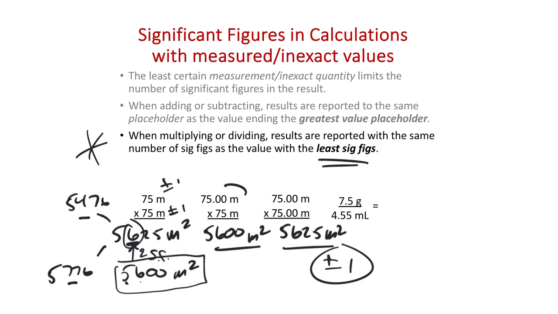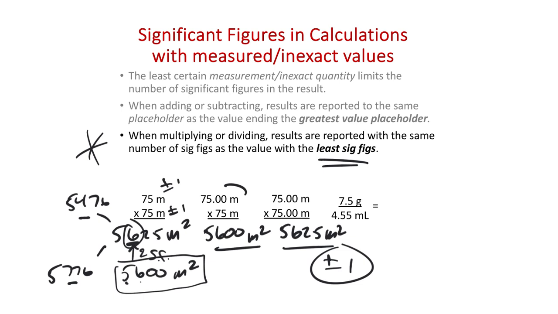Well, when you're dealing with measured quantities, nothing's ever exact, okay? And so the question is, how precise can we be? With 75.00 times 75.00, we can be precise to 4 significant figures. Add another 0 to both numbers, you can go to another placeholder. So you can keep going with the numbers if you wish.